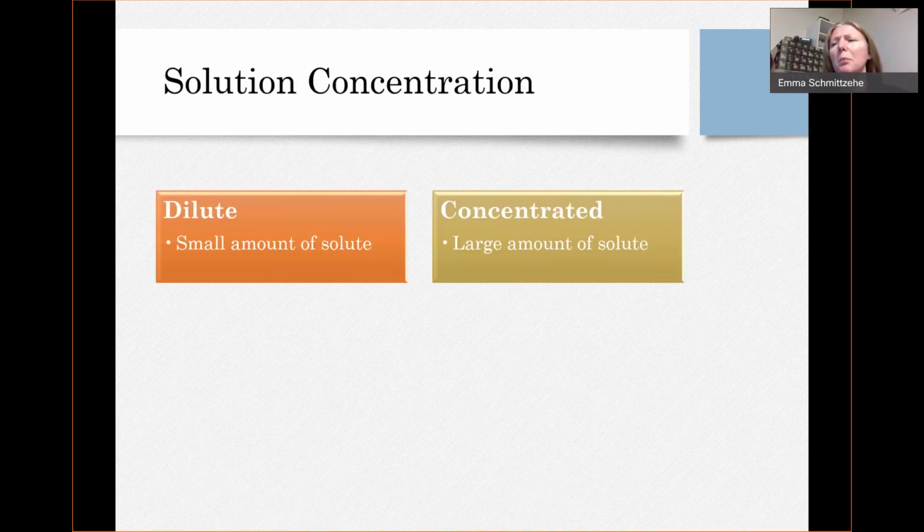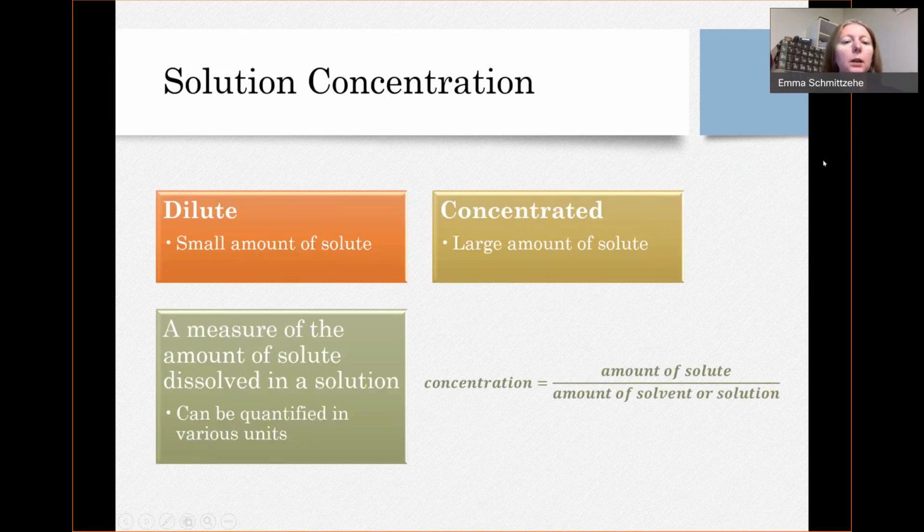Okay, but most often we actually want to know the concentration, so how much exactly is in there. For that, we usually give it as a ratio, or it's calculated from a ratio, but it's reported by dividing those two values. It's basically giving you a measure of how much solute is dissolved in a solution.